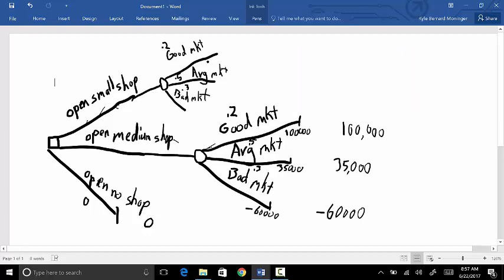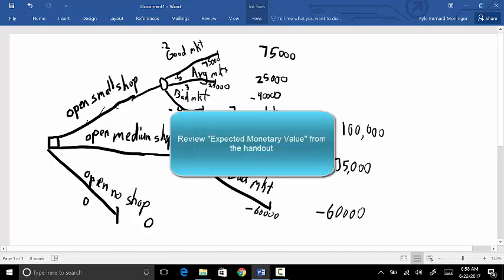And then the monetary values. For a small shop, a good market is 75,000, average market 25,000, bad market I lose 40,000. Branches are done, so I put those little vertical bars to indicate they're finished, and then I total up the monetary values. Once we're finished with these branches, we next calculate the expected monetary value of each decision, or EMV.